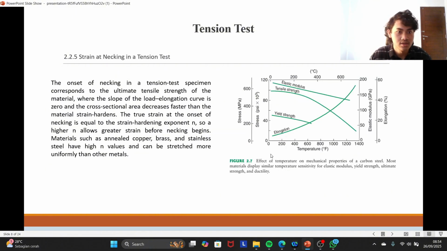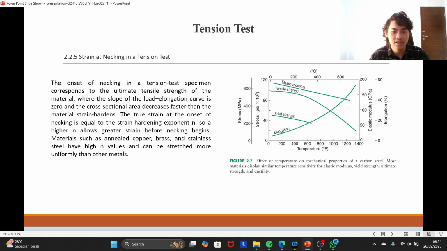Okay, next, strain at necking in a tension test. The onset of necking in a tension test specimen corresponds to the ultimate tensile strength of the material, where the slope of the load-elongation curve is zero, and the cross-sectional area decreases faster than the material strain hardens.